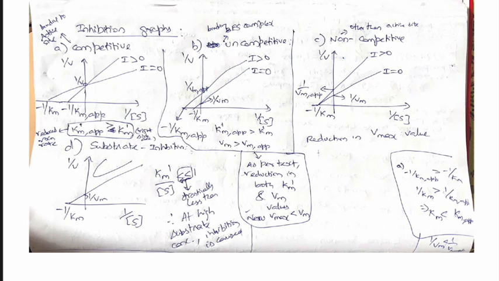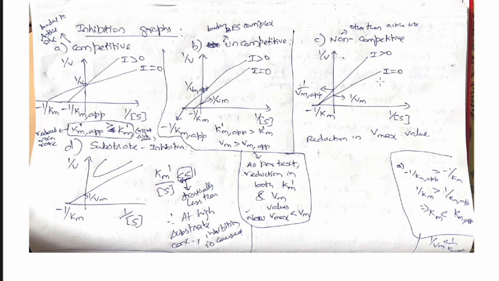So for the first one, competitive inhibition, Km dash app is greater than Km dash. That means reduced reaction rate. The new Michaelis-Menten constant after inhibition is greater than the old Michaelis-Menten constant, which means reduced reaction rate.